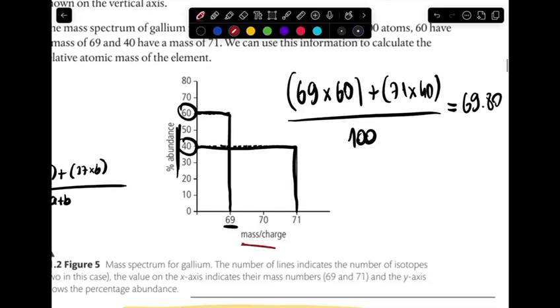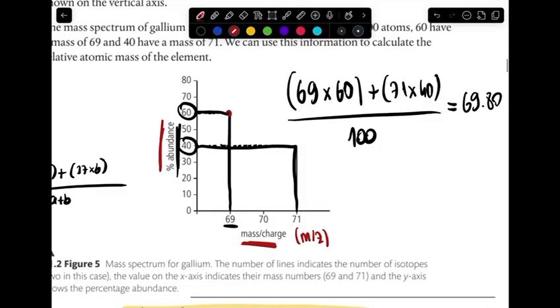The x-axis is the mass to charge ratio, m/z, and the y-axis shows the relative abundance. Each peak represents an isotope. The height of the peak shows how abundant that isotope is, and from this we can calculate the relative atomic mass.